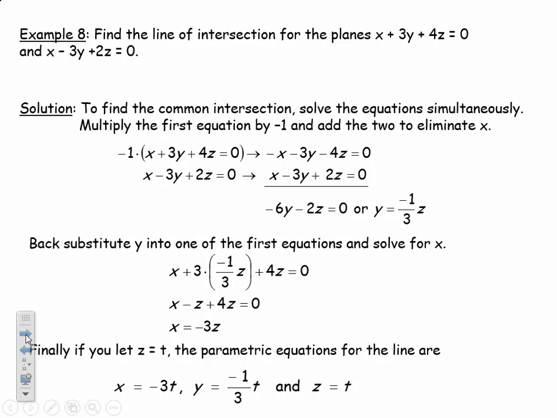That makes some sense. So if you choose a different variable, your set of parametric equations would look different. If x equals t, then y and z would look different, but when I start plugging in values for t, we get the same points on that line.